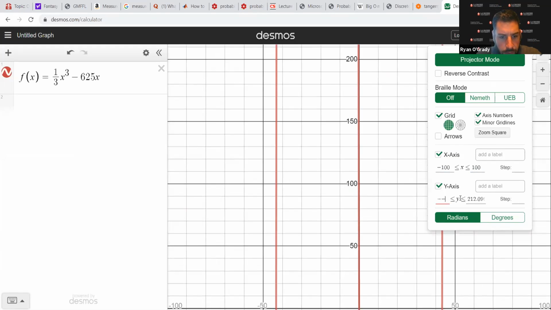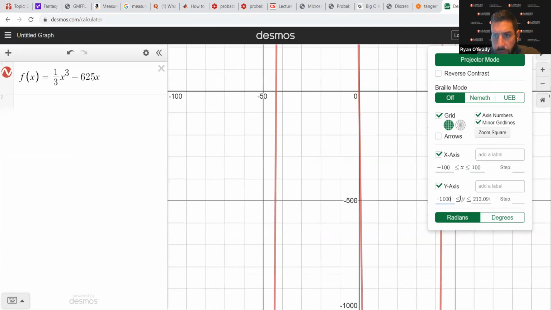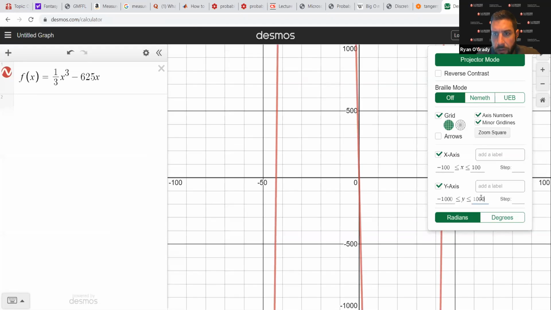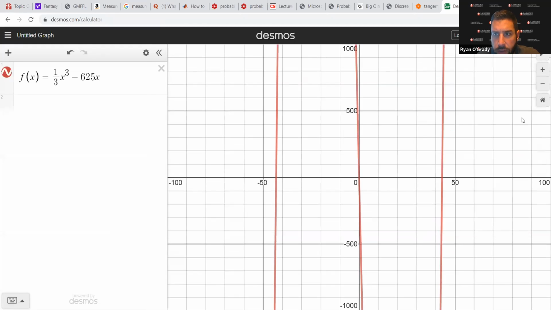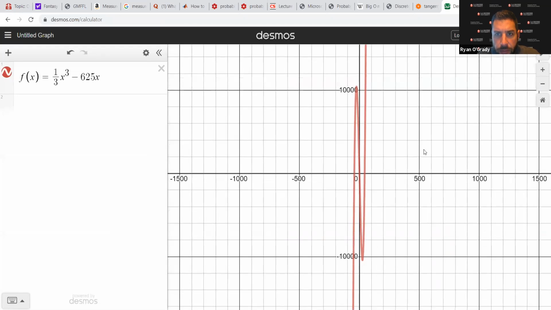Is it like negative 1,000? Is it between that? So again, this is not efficient, me taking guesses and checks to see what the shape is. Although once I zoom out a little bit, I start to see that it does have a familiar shape.